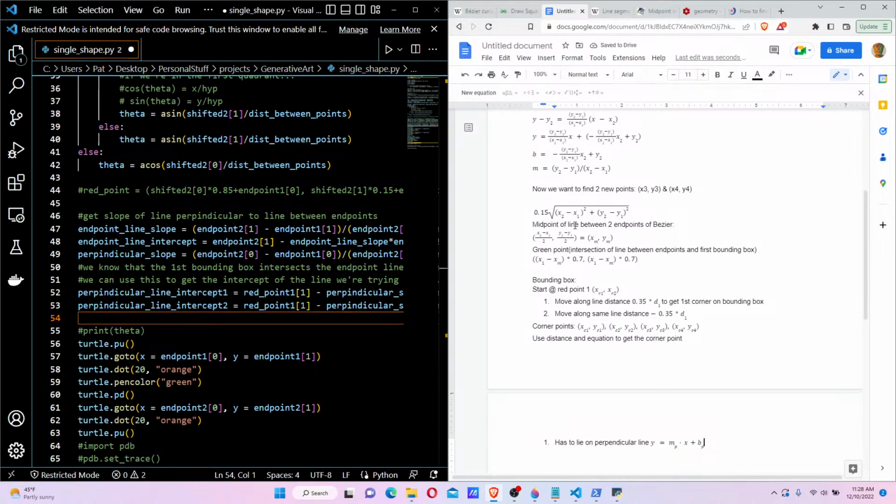So now we have, do a new equation, now point slope form, we get y minus y sub c1 is equal to m sub p times x minus x sub c1, and then plus b sub p.